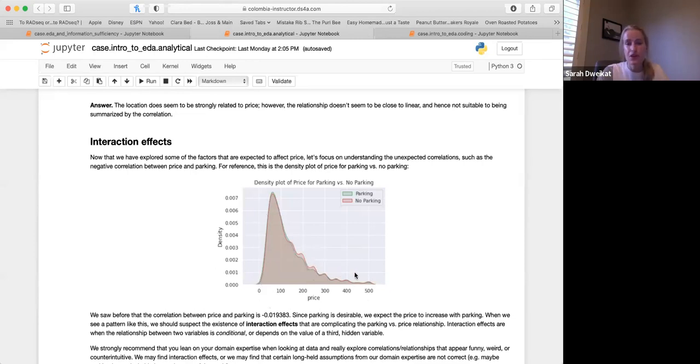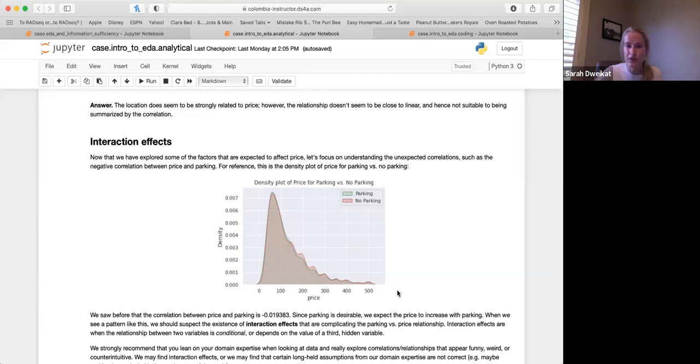So you can think of this as just like a histogram, just smoothed out. What we're looking at here, I guess we can now see our relationship, that negative 0.019 relationship, because we see that parking and no parking follow kind of similar patterns. When we look at our data as a whole, there doesn't really seem to be a relationship.